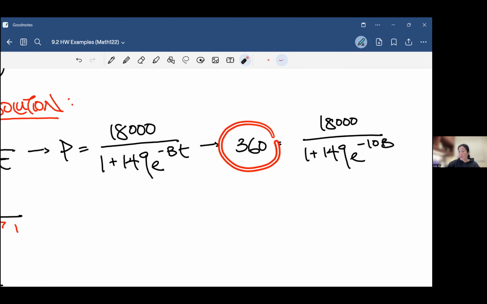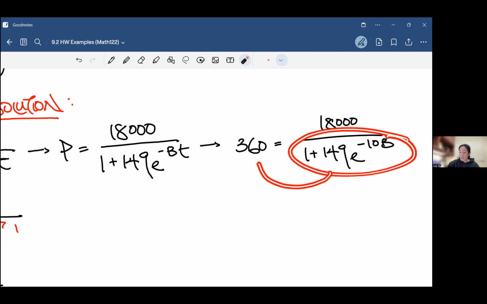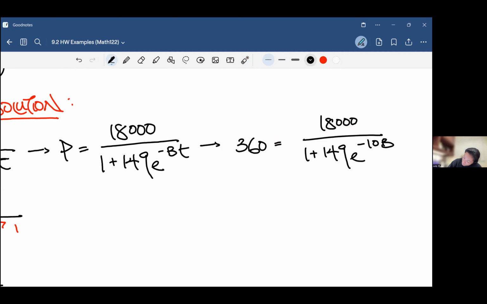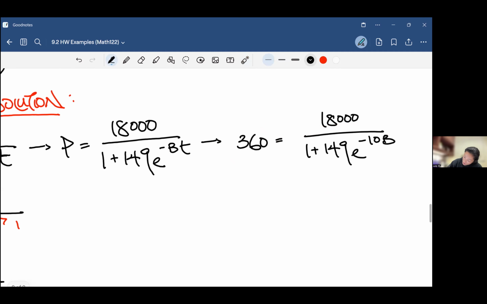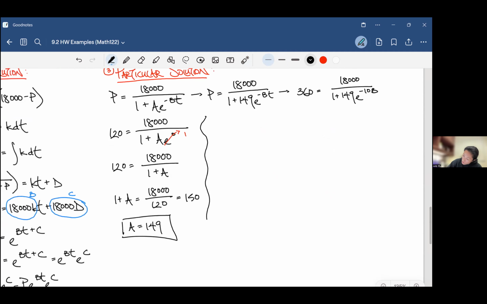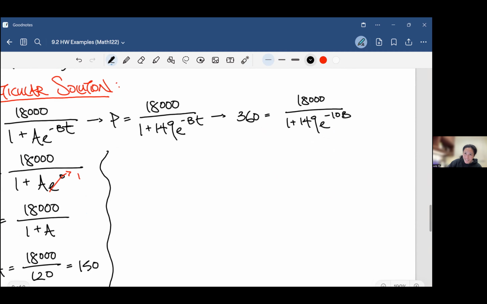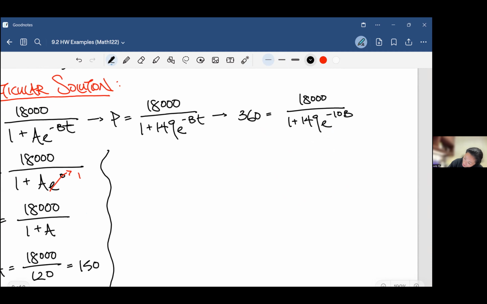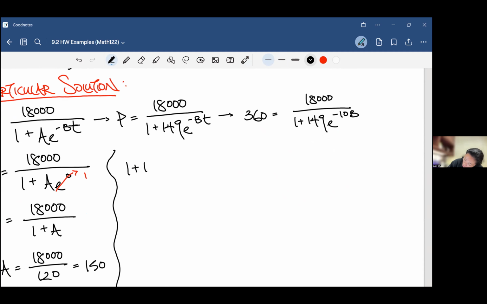Okay. Now, I'm going to do something similar. I'm going to divide my 360 to the other side, and multiply this denominator to the left-hand side. Let me just draw a little squiggle so when you go back and look at it, you don't think they're all together. But this is going to give me 1 plus 149 e to the negative 10b equals, let's see, 18,000 divided by 360 gives us 50.